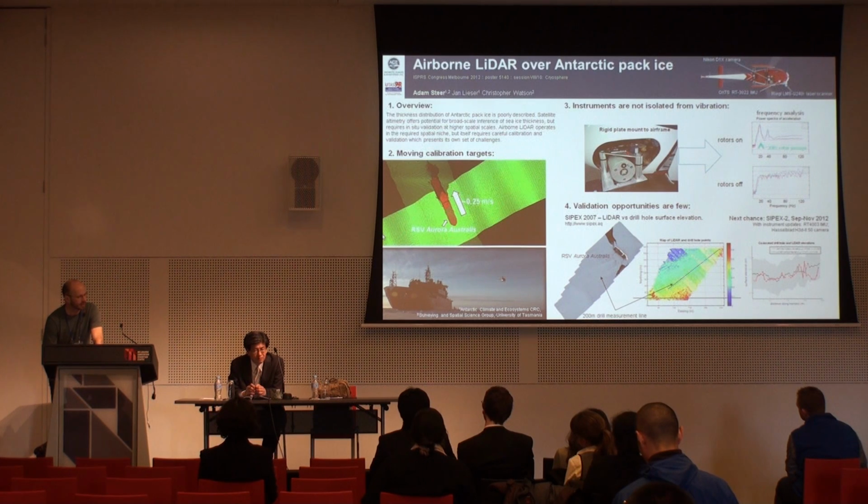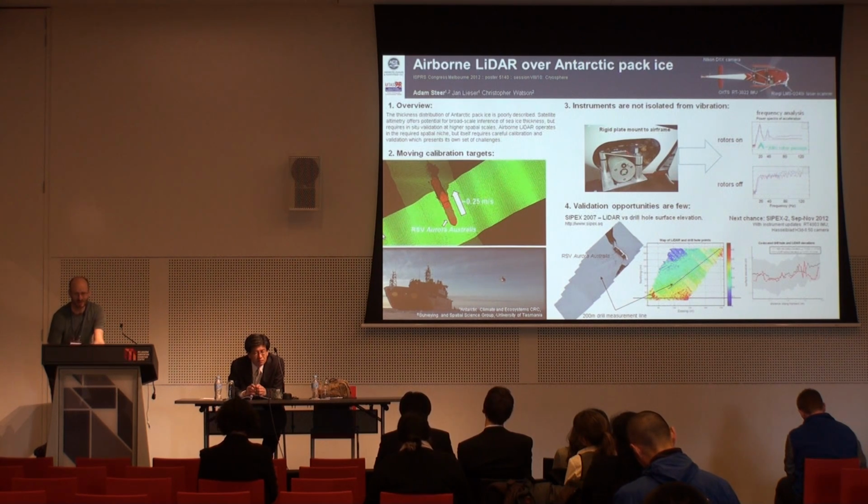But we have the interesting problem of a moving target, because while we can fly over a ship or some chunk of ice, it's constantly drifting. Nothing stays still in the pack ice. So that's been an interesting problem that we've had a couple of attempts to crack, including modifying all of our aircraft trajectories so that we have a ship-centered coordinate system. But we're not quite there yet. If anyone has ideas, I'm open to them.